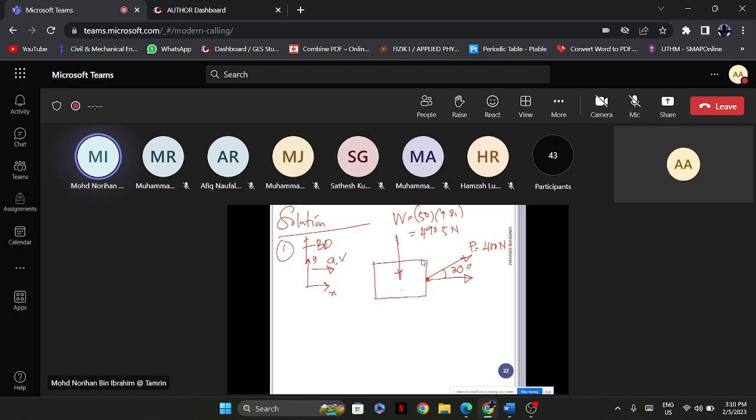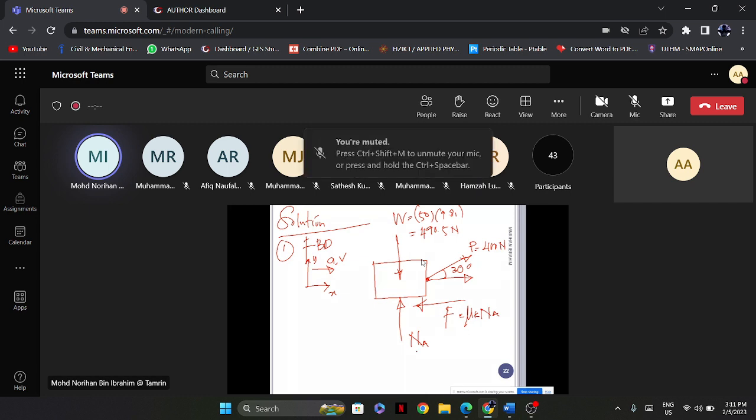So besides this external force, the other forces which need to be considered is the normal force of N_A. Normal force of N_A. And also we have a frictional force which need to be considered, which is F is equal to mu K and N_A. So that is the first step.